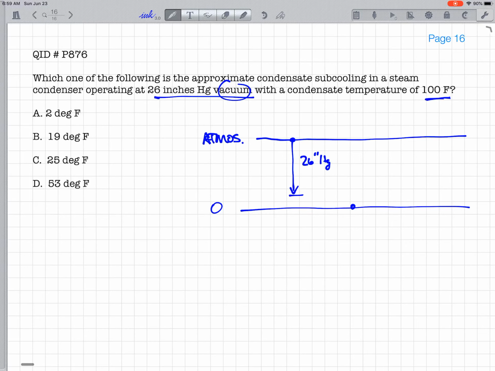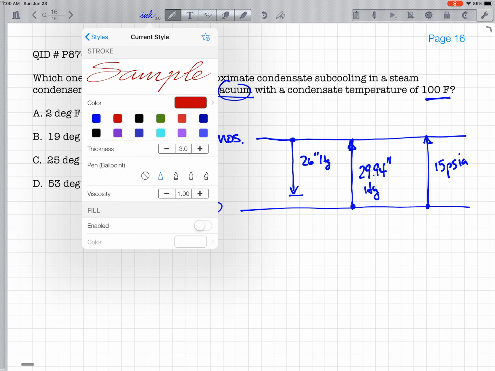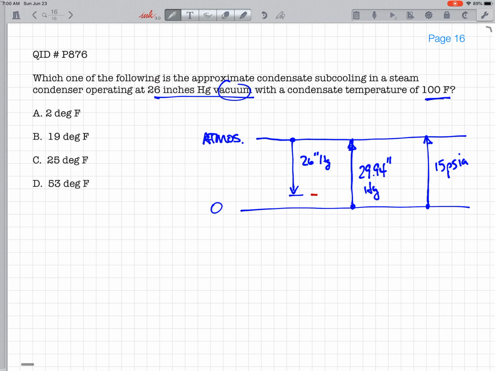And as we know, 1 atmosphere is equal to 29.94 inches of mercury, and 1 atmosphere is also 15 psia. Okay, so we're looking for this distance right here.